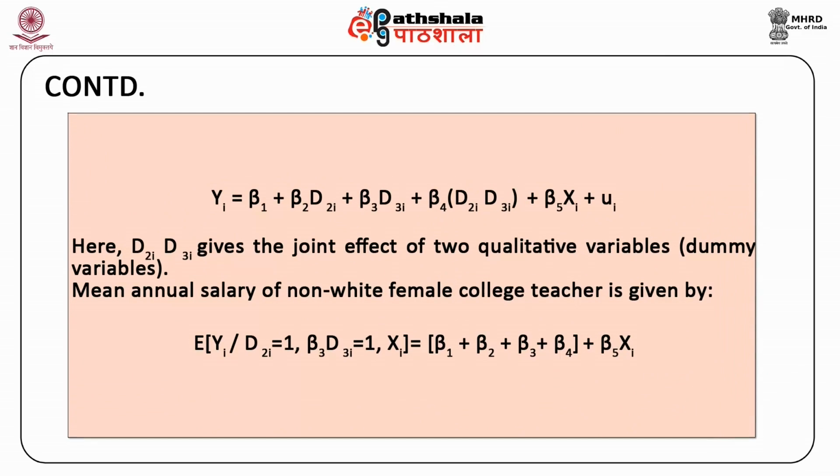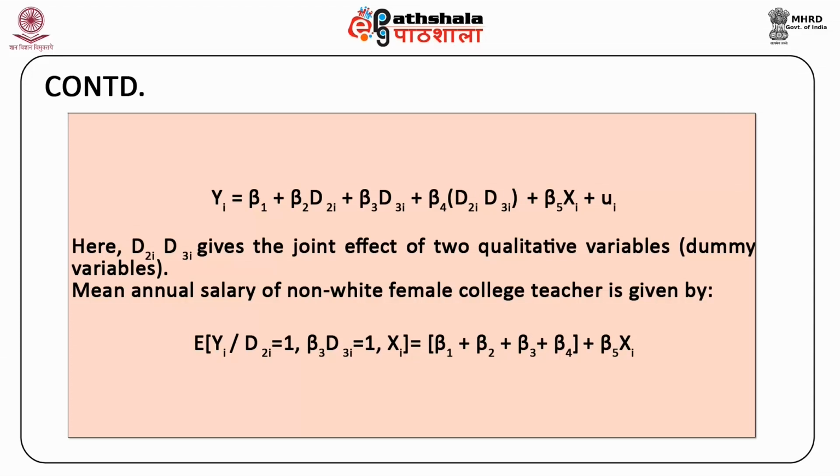Yi is equal to beta 1 plus beta 2 D2i plus beta 3 D3i plus beta 4 into D2i D3i plus beta 5 Xi plus mu i. Here D2i into D3i gives the joint effect of two qualitative variables or dummy variables.